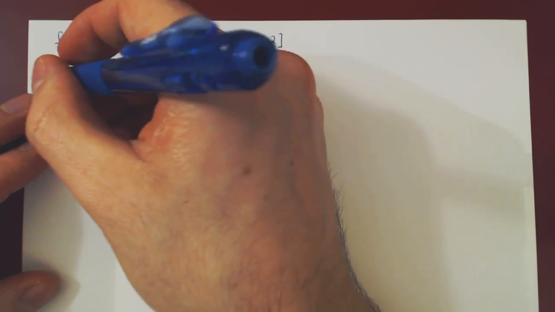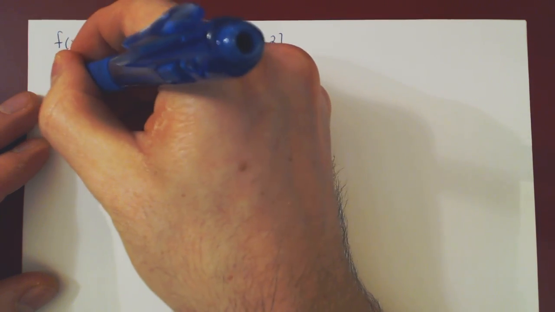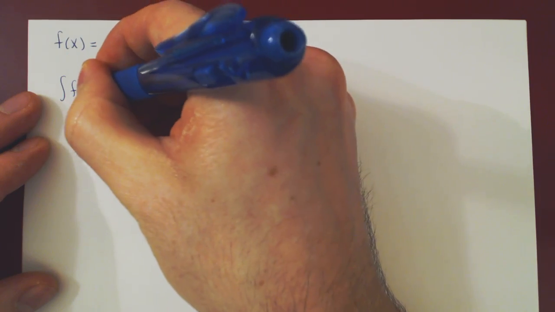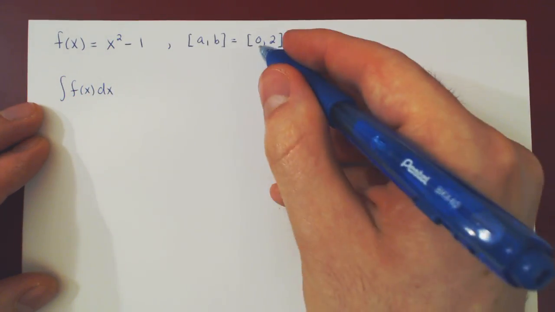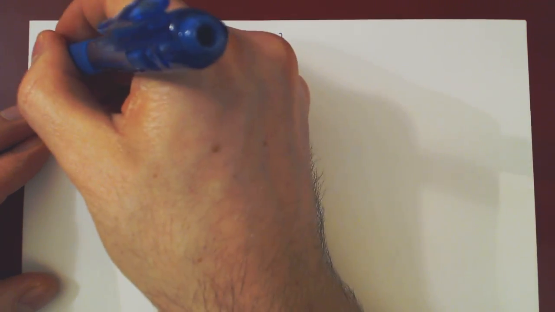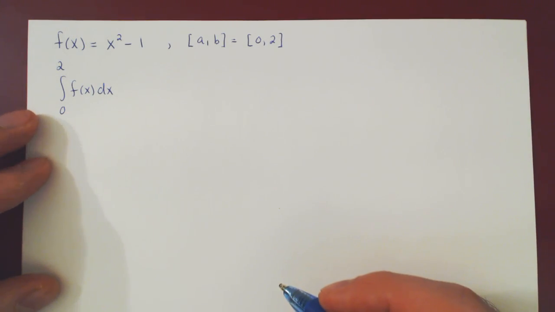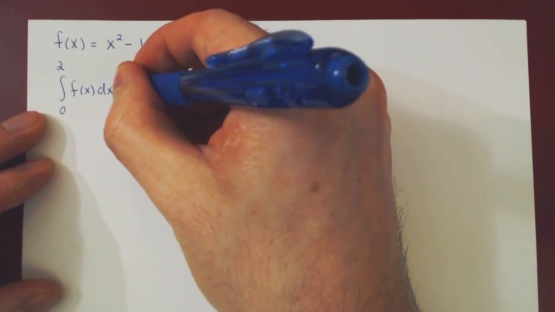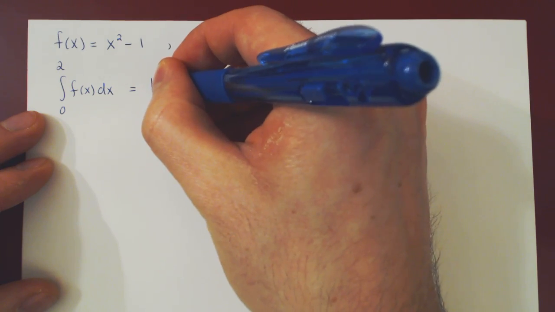And we're going to ask quite simply to evaluate the definite integral of f of x dx from a equals 0 to b equals 2. Well, the definition is simply the limit of the corresponding Riemann sum.